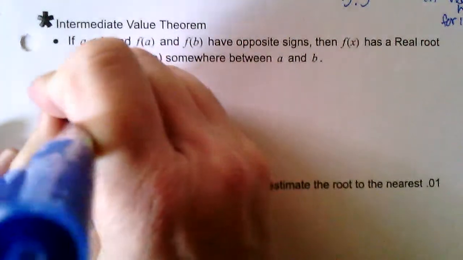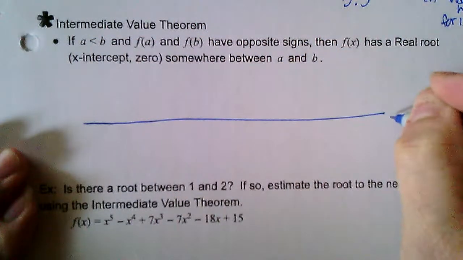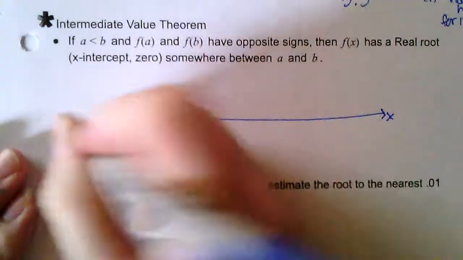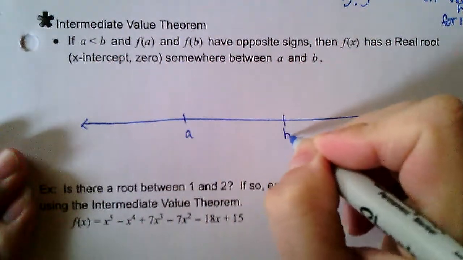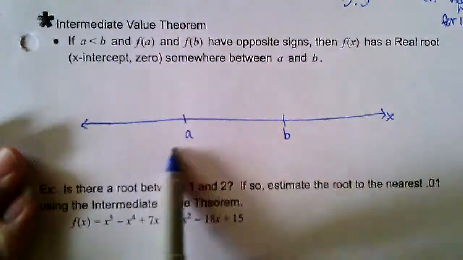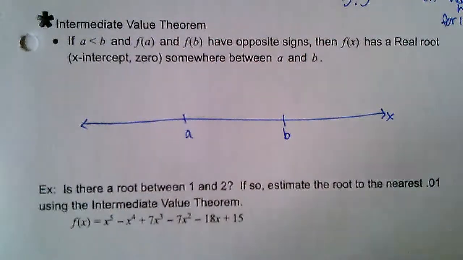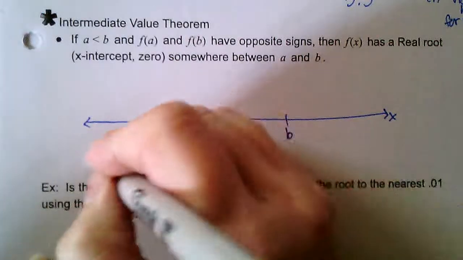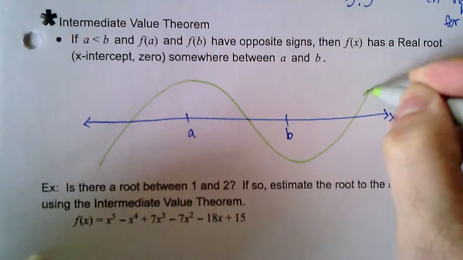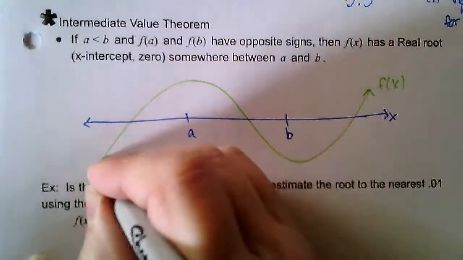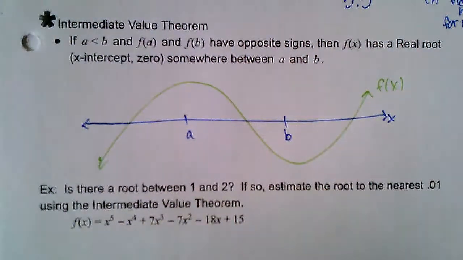So here's my x-axis, and I have two x values on it, a and b. It tells me that a is less than b, so we go in that order. Then I have some function. It doesn't have to look like that. I just randomly drew a function.